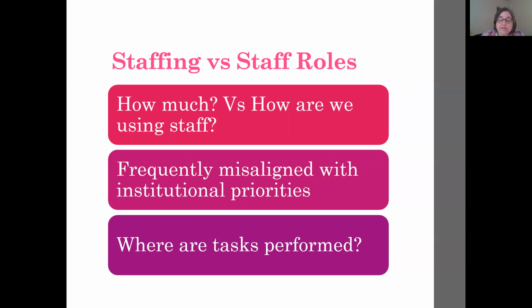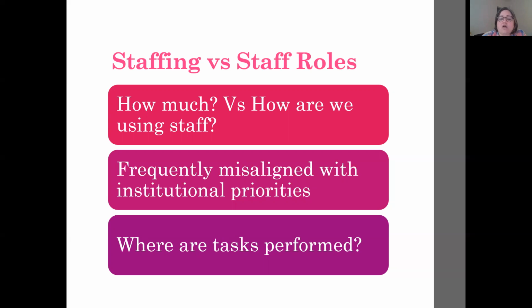This happens frequently when we're thinking about digitization versus preservation tasks. There has been a few decades of pushing towards more digital collections, and we're kind of on the catch up with the preservation actions piece. So what we want to do is start to think about, where are these tasks happening? Is there an imbalance? How would a more rational allocation of hours look?